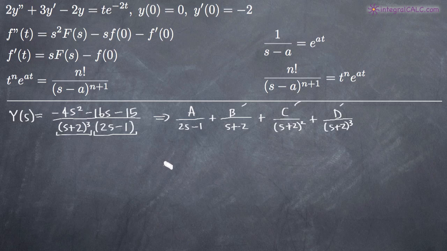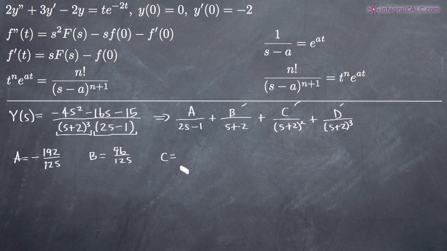So because this is a Laplace transforms problem, I won't take the time to do all of the steps of this partial fractions decomposition, but let's just say that when we solve it for our coefficients A, B, C, and D, we'll get A equals negative 192 over 125. We'll find that B is equal to 96 over 125.